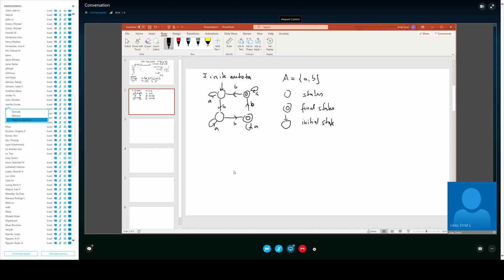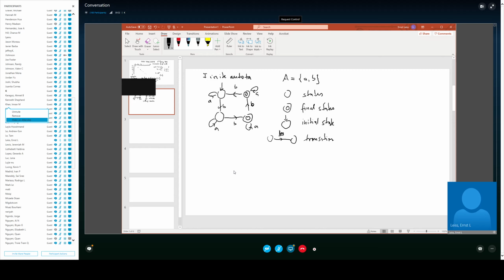And then we have labeled edges from a state to another state with a label. So this is called a transition. In this case, it's a B. So what we have is a transition from one state to another state.